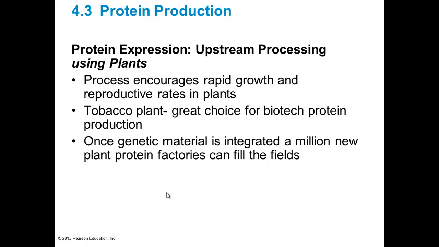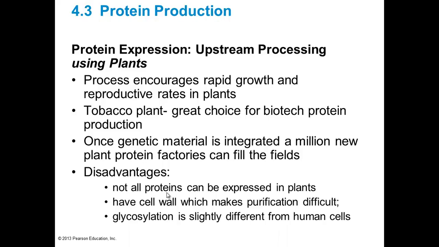Okay. And then once the genetic material is integrated, then you can generate millions and millions of plants, grind up the plant tissues, and purify out the protein. Okay. Now, not all proteins can be expressed in plants. Plants have cellulose in their cell wall that is very difficult to break down. That makes purification difficult.